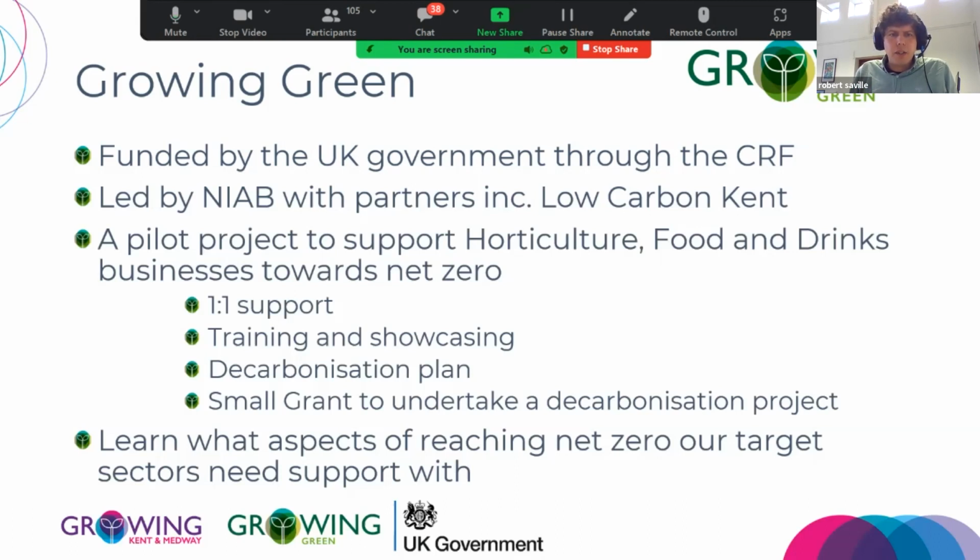And we provided them with a small grant to undertake a decarbonisation project. And this pilot project helped us, and our partners and funders, to learn what aspects of reaching net zero our target sectors need support with. And it helped us to test and develop methods to deliver that support.